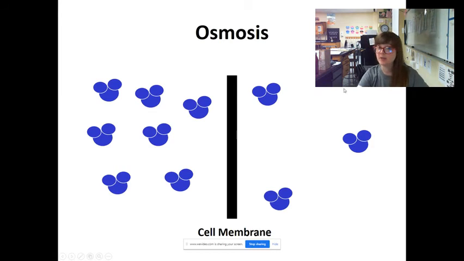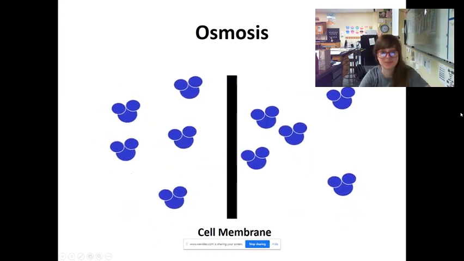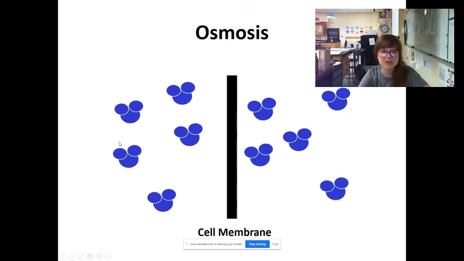What do you think is going to happen here? And so again, notice that they moved from the higher concentration to the lower until again, they were equal. So this is just like diffusion. The only difference is that this is the diffusion of water, okay?